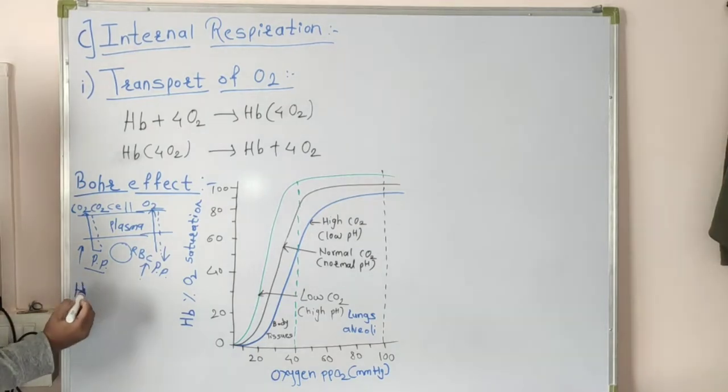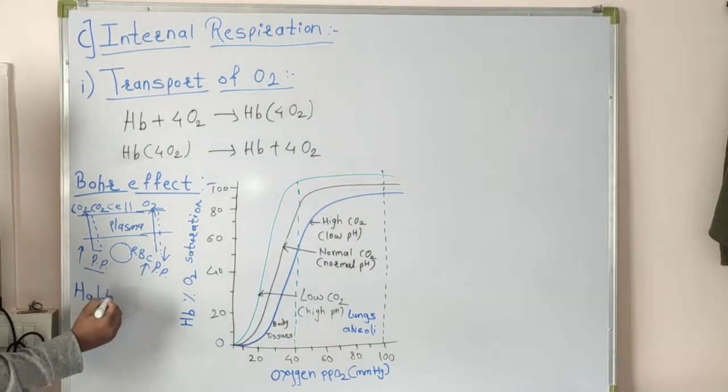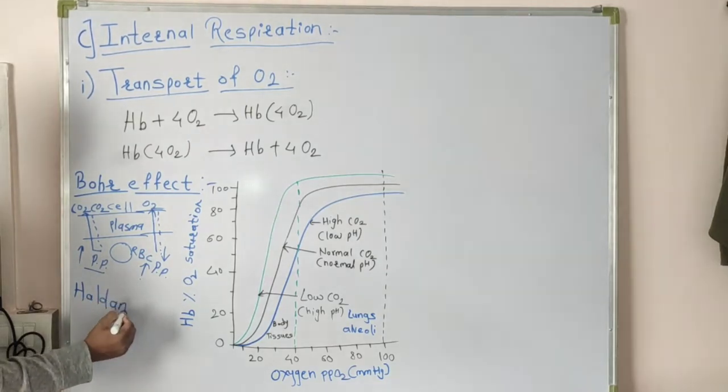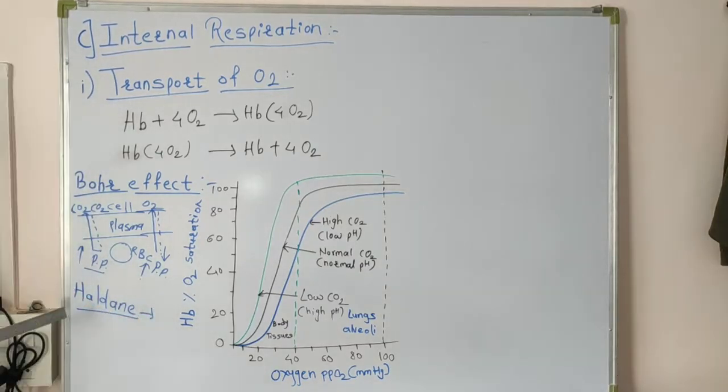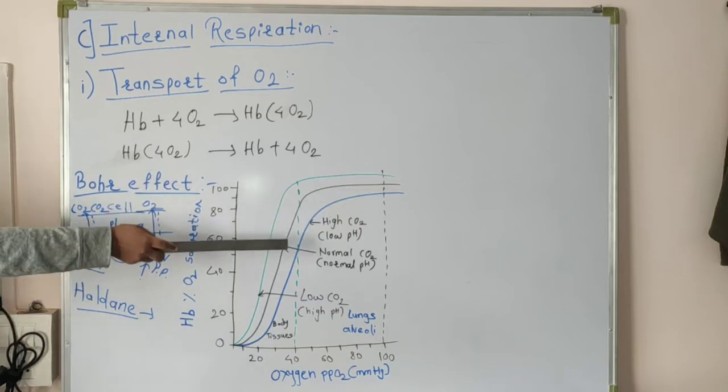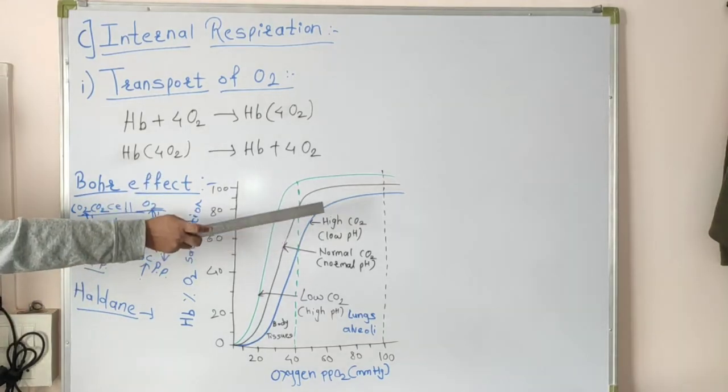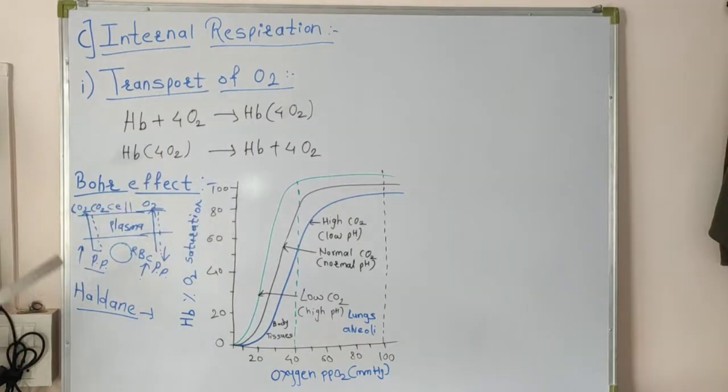At the same time, there is another effect, the Haldane effect. This Haldane effect shows the pH level of the blood. Basically, oxyhemoglobin is an acid, and as it is an acid, we already know it will have a pH.